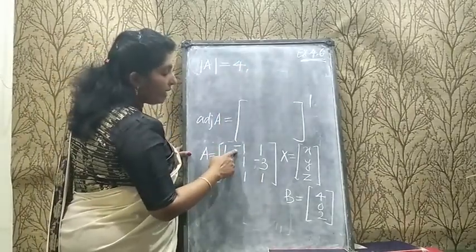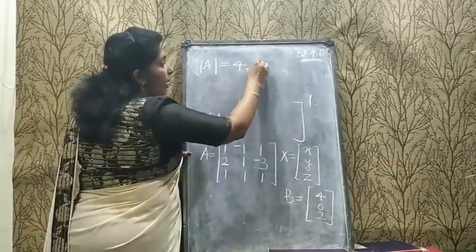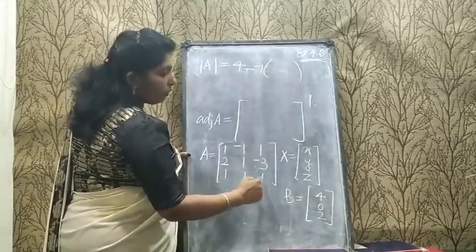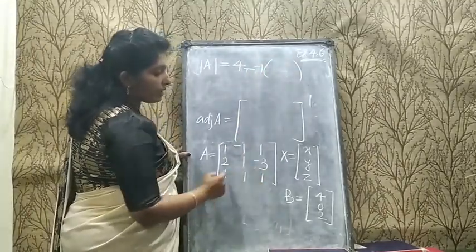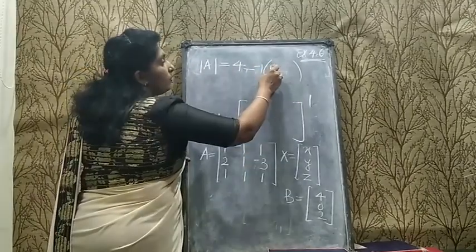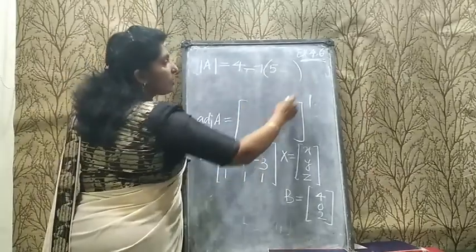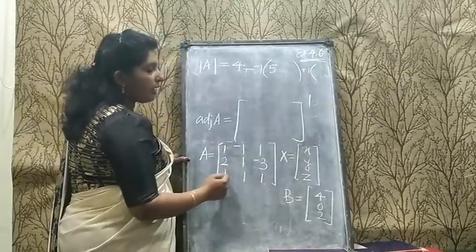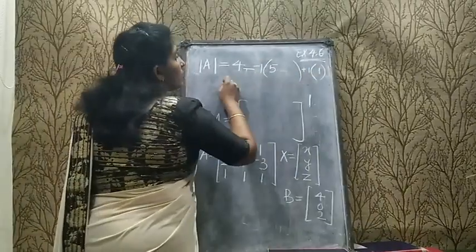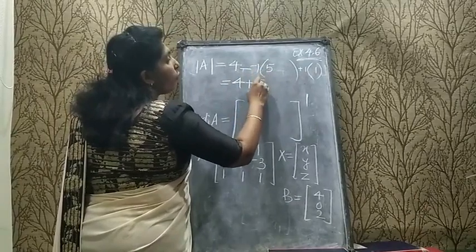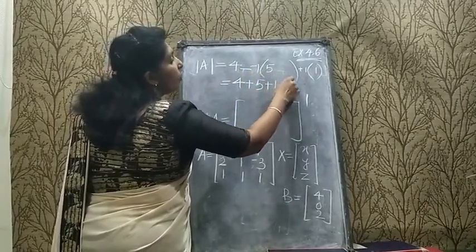Now minus of minus 1 into 2 minus minus 3. 2 minus minus 3 becomes plus 5. Then plus 1 into 2 minus 1, which is 1. So that is equal to 4 plus 1 into 5, 5, plus 1, which is equal to 10.